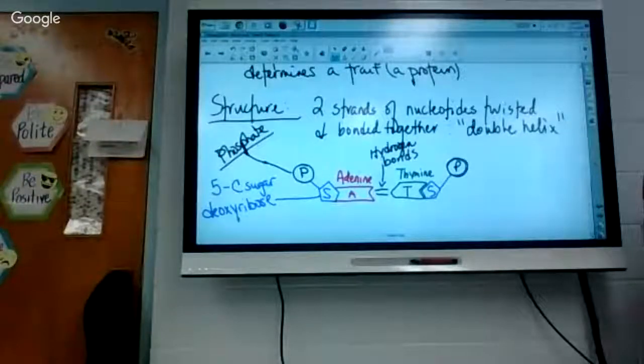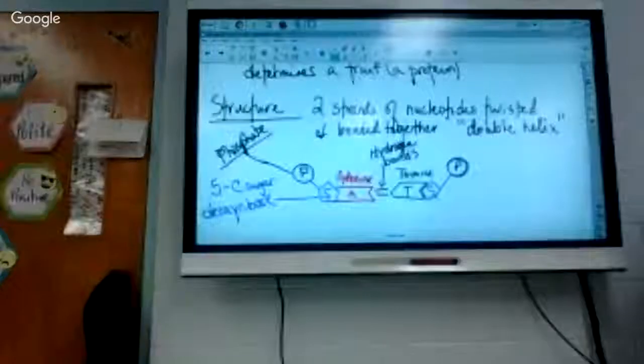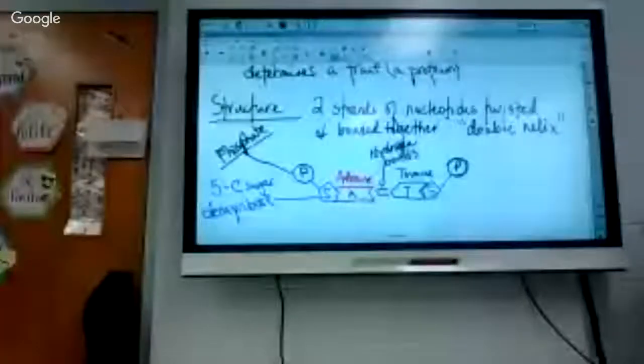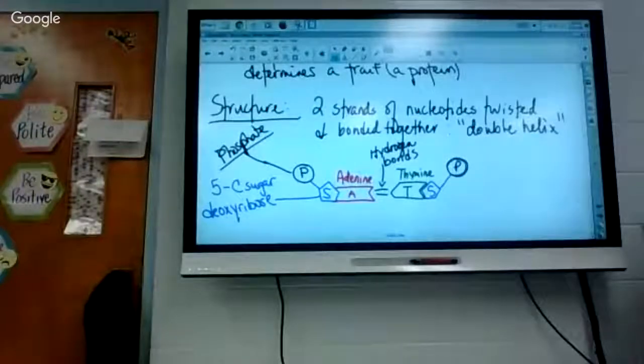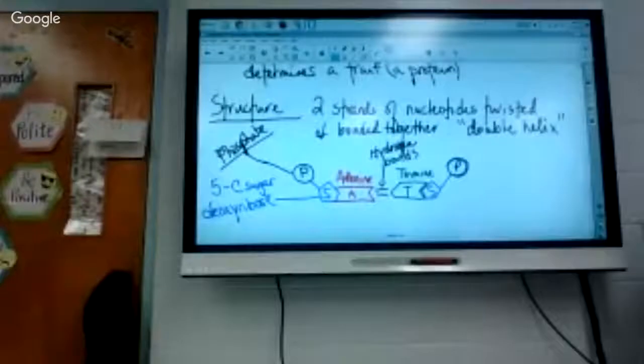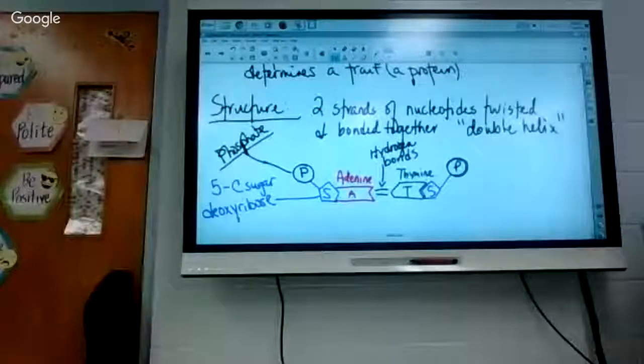Okay. So now let's see if you can figure it out. What part of the model is the phosphate and what part is the sugar? The sugar is the red. Okay, so I heard sugar is the red and the phosphate is the black. All right, how many people agree with that? Sugar is here, phosphate is here.